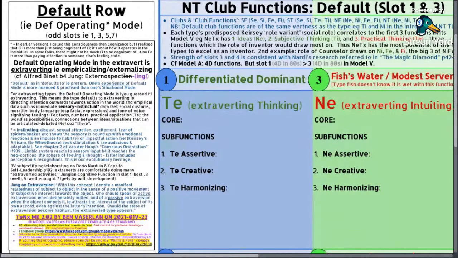That is mobilizing resources towards a long-term strategic objective. And that social role is going to draw on TE in terms of getting the sequence of operations correct towards a long-term objective, and also this intuition of time aspect of NI. And so the role is drawing on TE and NI, and therefore Keirsey's role corresponds to ENTJ with that function pair. So ENTJ is a type best set up to enact that role.